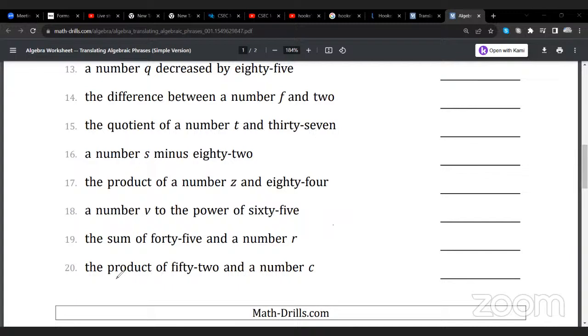You use your understanding, which means to multiply. So it's 52 times C. But what's the shorter way of writing this now? Try. 52C. Exactly.